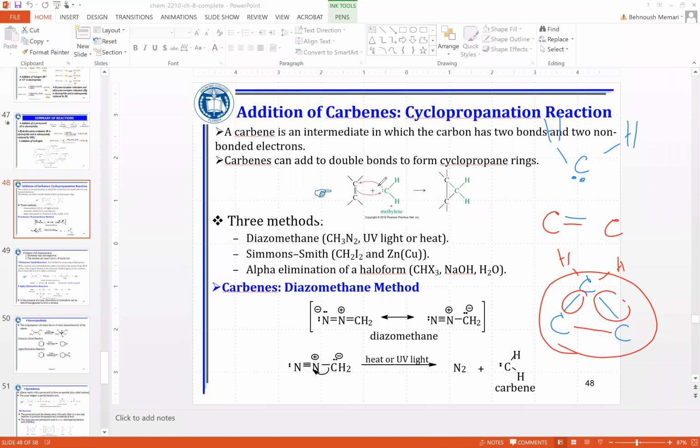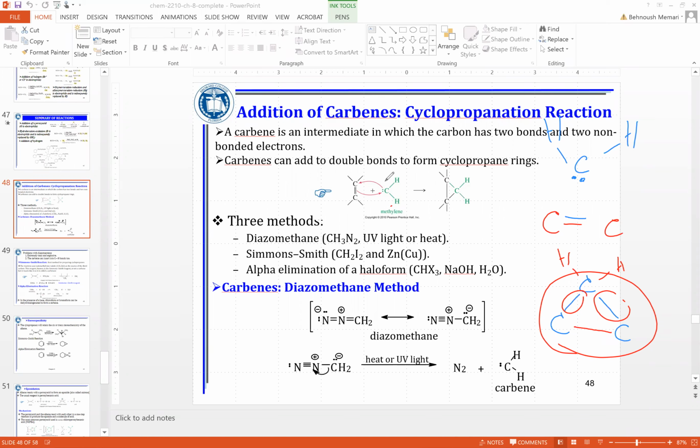Now, what is a carbene and how do you prepare it? A carbene is very unstable because the carbon has only two bonds and one pair of unshared electrons. It is not octet satisfied, it's missing two electrons, it's missing two bonds. So it's very miserable. There's no stability.